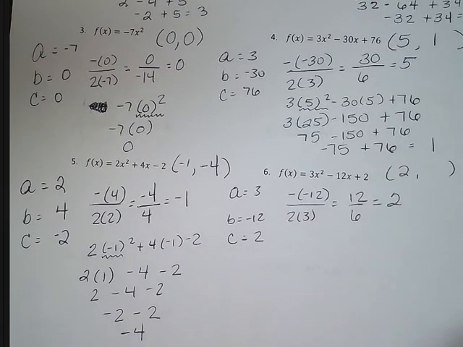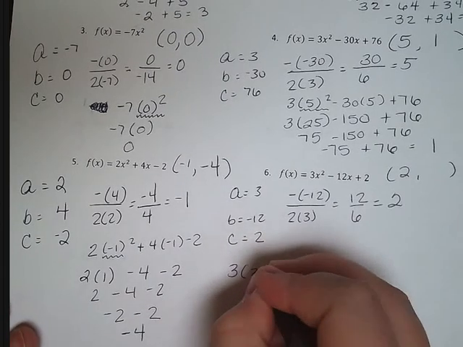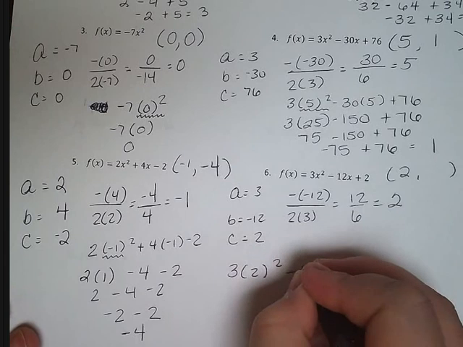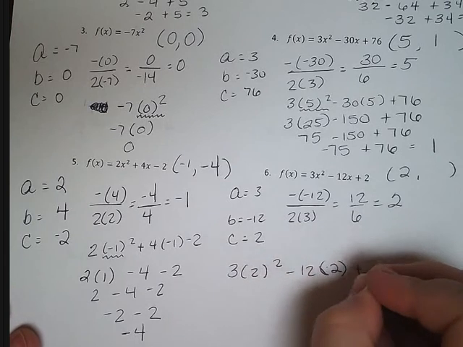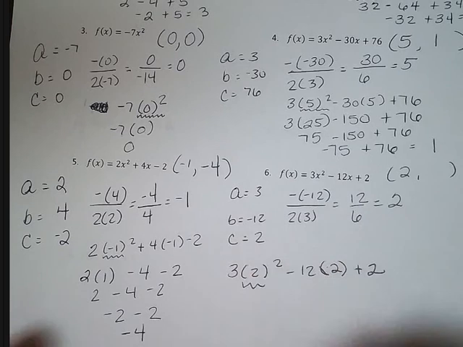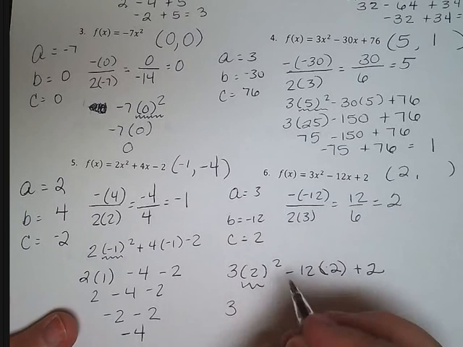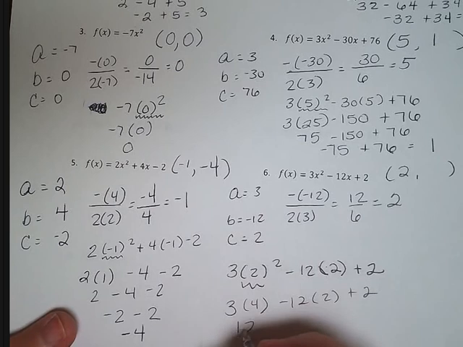Okay. So then we're going to plug it back in to our original equation. So do your exponents first. So 2 squared is 4. 3 times 4 is 12.